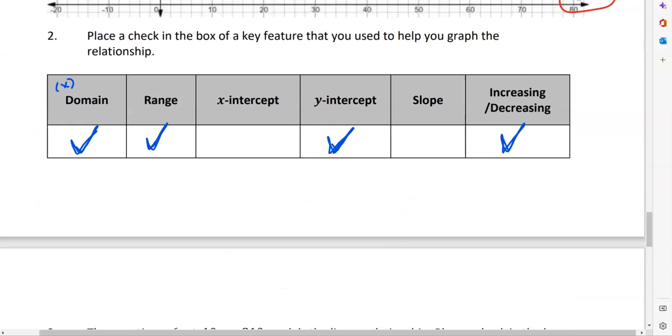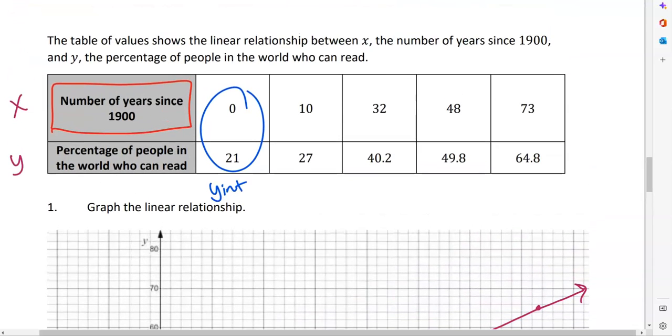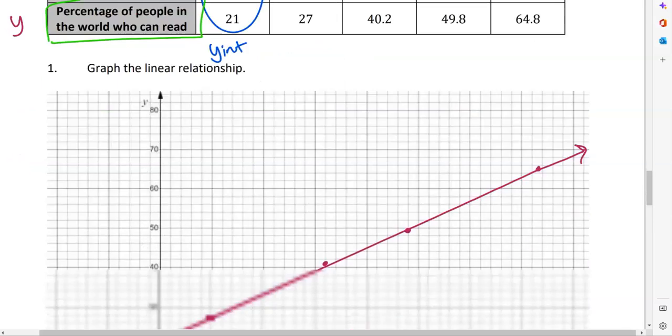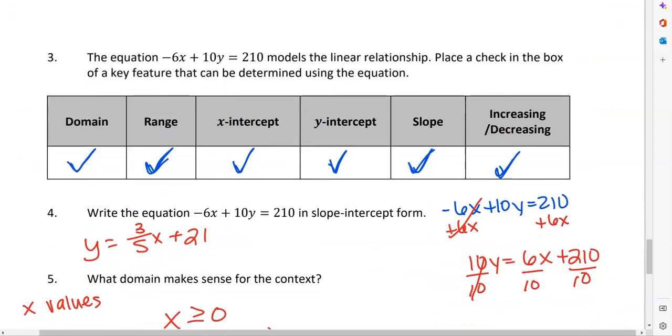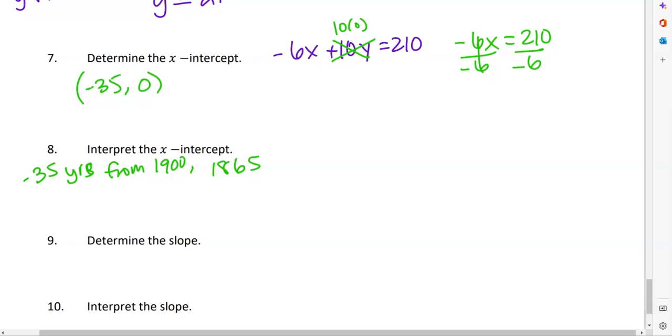Look at my table, guys. What does it represent? I don't want numbers. Percentage of people in the world who can read. So this is saying in the year 1865, what percent of people in the world could read? No one. 0% of people in the world can read.